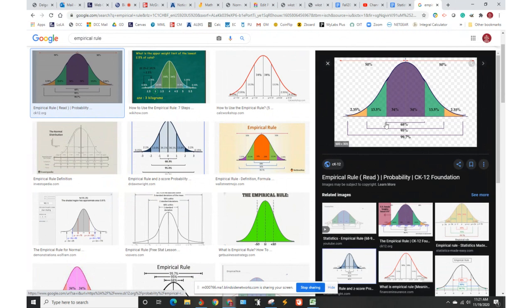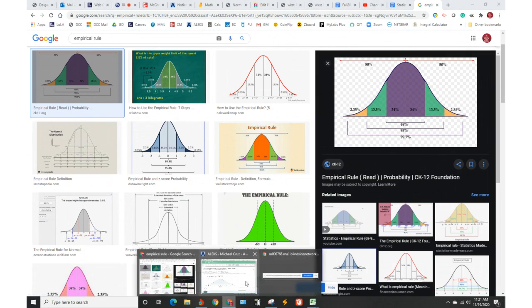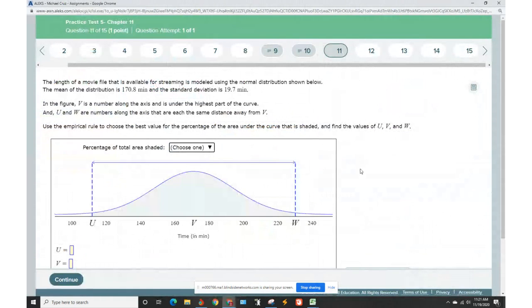It gives 3 bits of information: within 1 standard deviation of the mean, remember the mean is right smack dab in the middle, in other words, we go over 1 standard deviation plus, 1 minus, and we get 68%. If we go over 2, we get 95%. And if we go over 3, we get 99.7. So we can use that to tell us what to do with this.